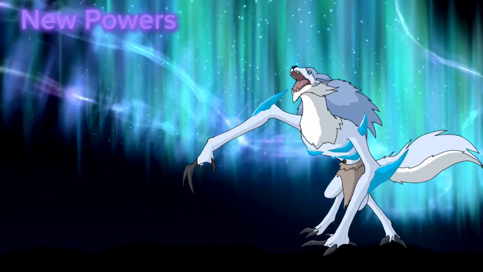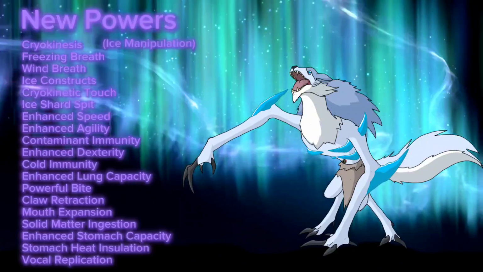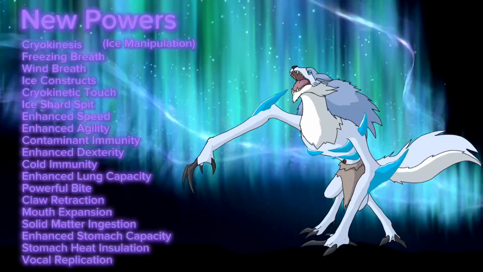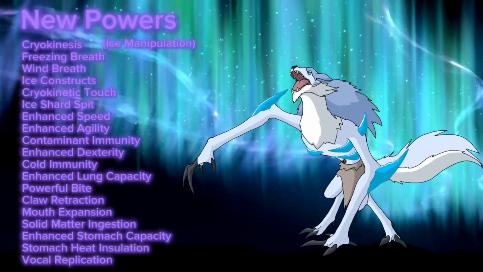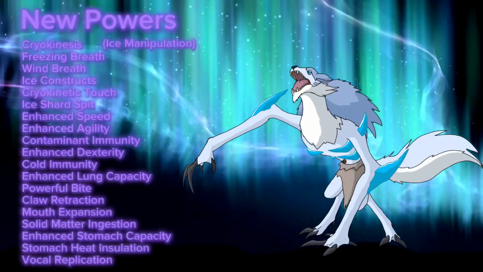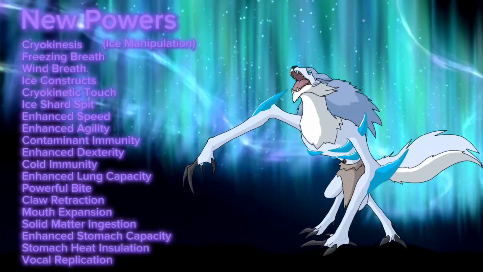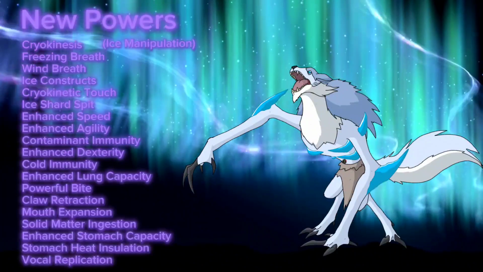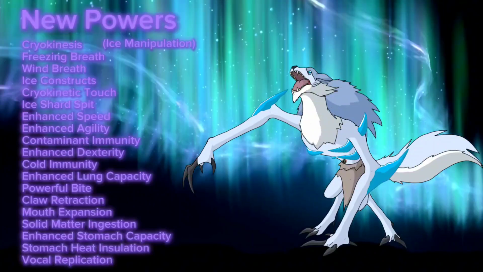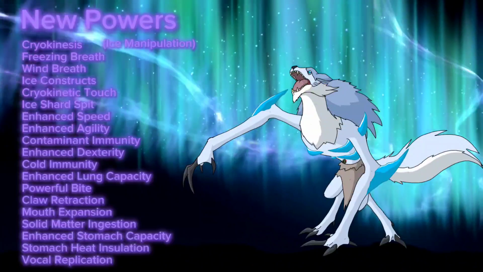For new powers, these include Cryokinesis, aka Ice Manipulation, Freezing Breath, Wind Breath, Ice Constructs, Cryokinetic Touch, Ice Shard Spit, Enhanced Speed, Enhanced Agility, Contaminant Immunity, Enhanced Dexterity, Cold Immunity, Enhanced Lung Capacity, Powerful Bite, Claw Retraction, Mouth Expansion, Solid Matter Ingestion, Enhanced Stomach Capacity, stomach heat insulation, and vocal replication.